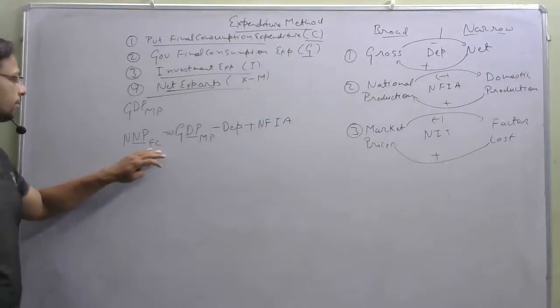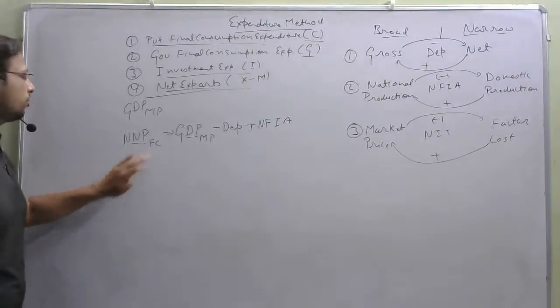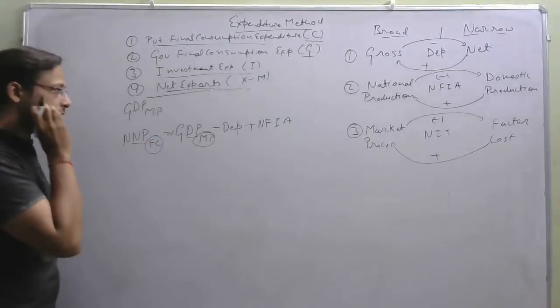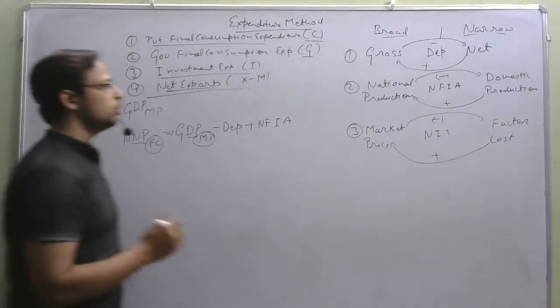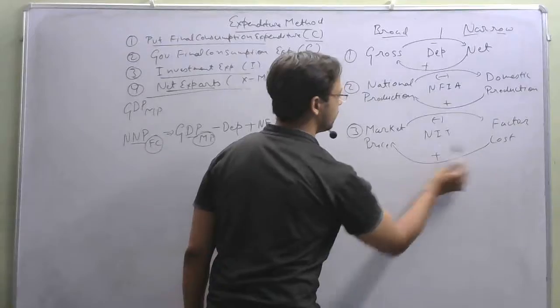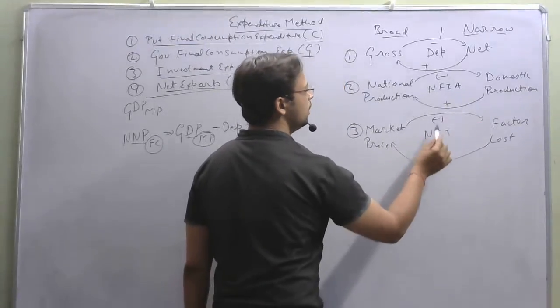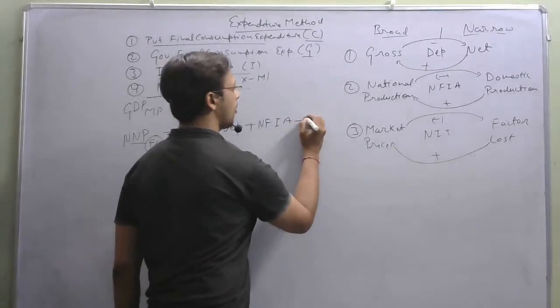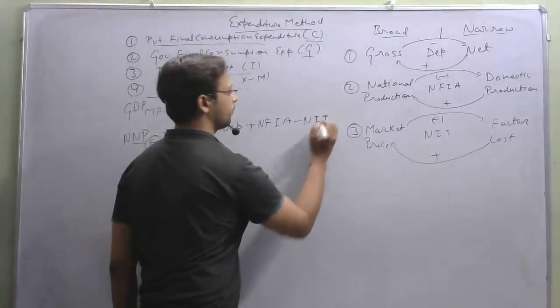And for converting market price to factor cost, from going here to here, you will subtract NIT, that is, subtraction of NIT.